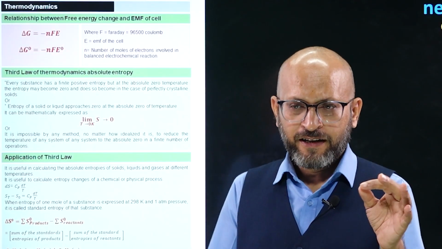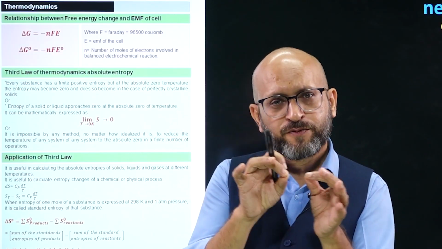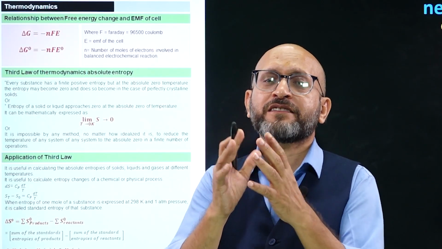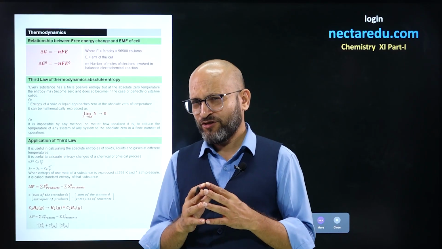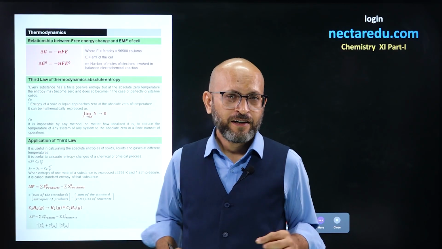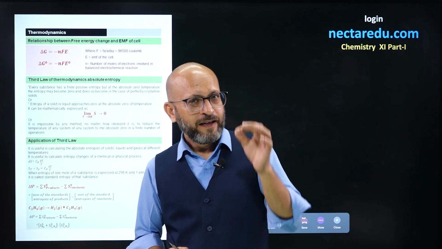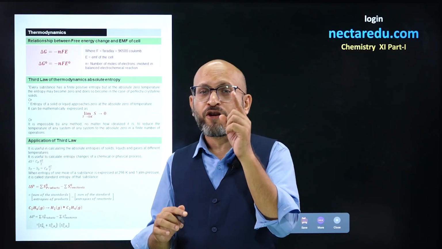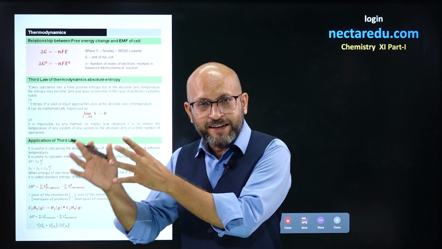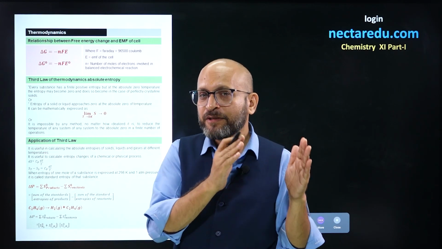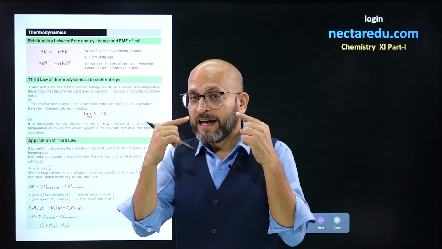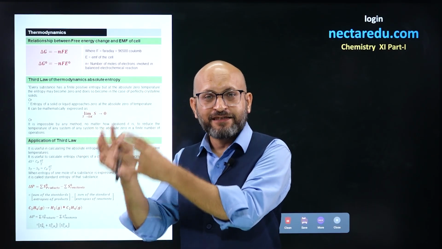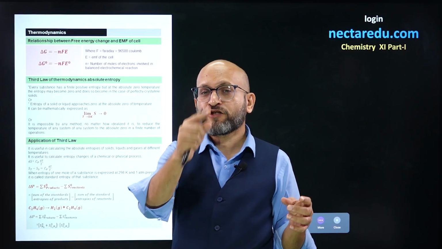If in a reaction, in going from reactant towards product, the number of gaseous moles is increasing, that means entropy is increasing. Did you get that? I told you, if the total number of gaseous moles on the product side is more than on the reactant side, that means entropy is increasing. And if the total number of gaseous products is less than gaseous reactants, that means entropy is decreasing.